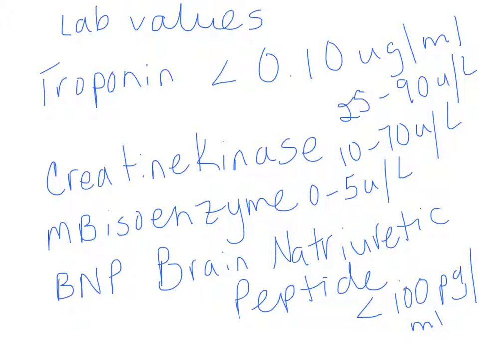And when we talk about the BNP, we are looking at a hormone that is produced by the heart, and it's showing us how well it is functioning. A lot of times patients who they believe to be in congestive heart failure, they will do a BNP to measure that. So that's just a few of the lab values for the cardiac that I'm not quite sure are in your book that we will be reviewing in lab.